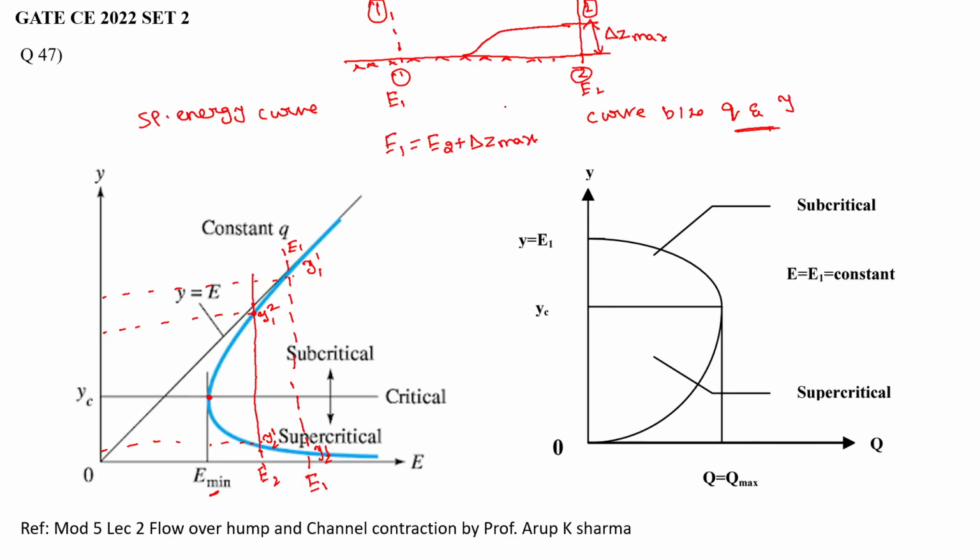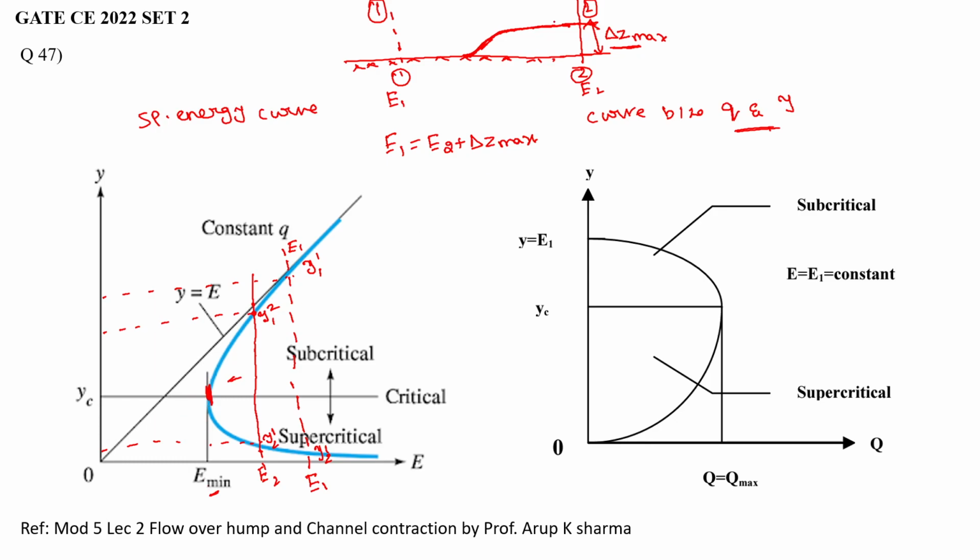Okay, this is the case. As you increase the height of the hump, this particular line moves towards the critical energy position. After a certain rise in the hump, when we reach Z max, the energy available at this particular flow is E minimum.